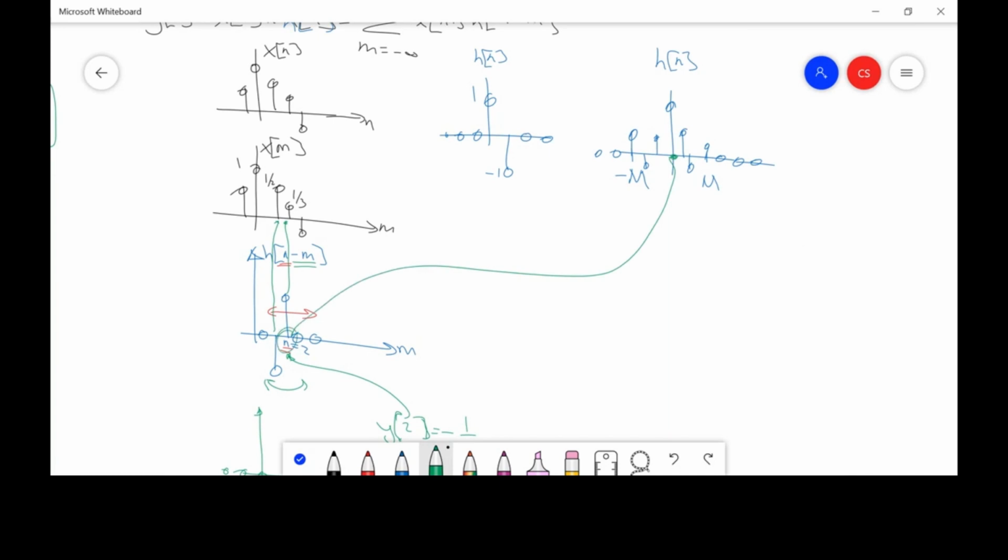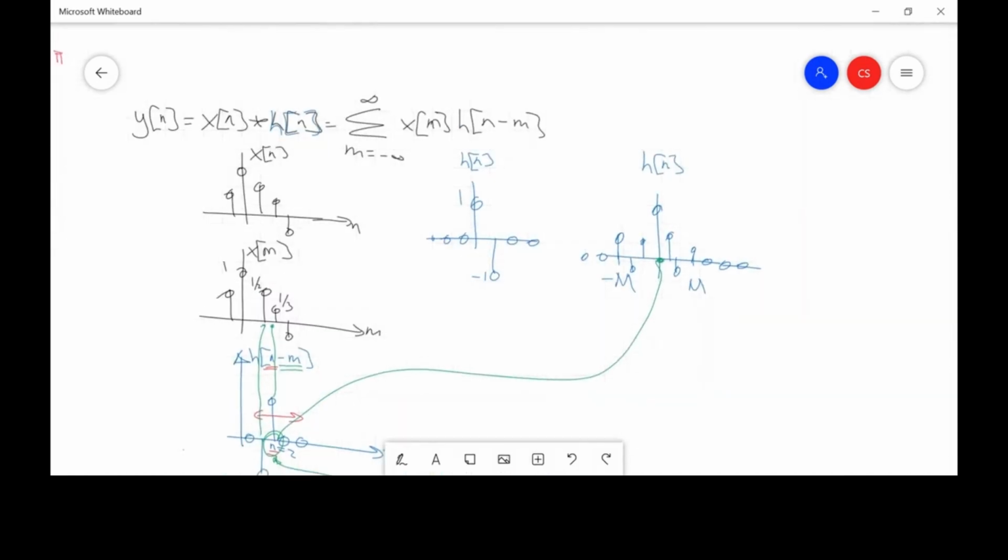And then I'm reflecting. Okay, so that means that I don't have to sum from minus infinity to infinity. It is enough to sum from minus n to n, and then this.